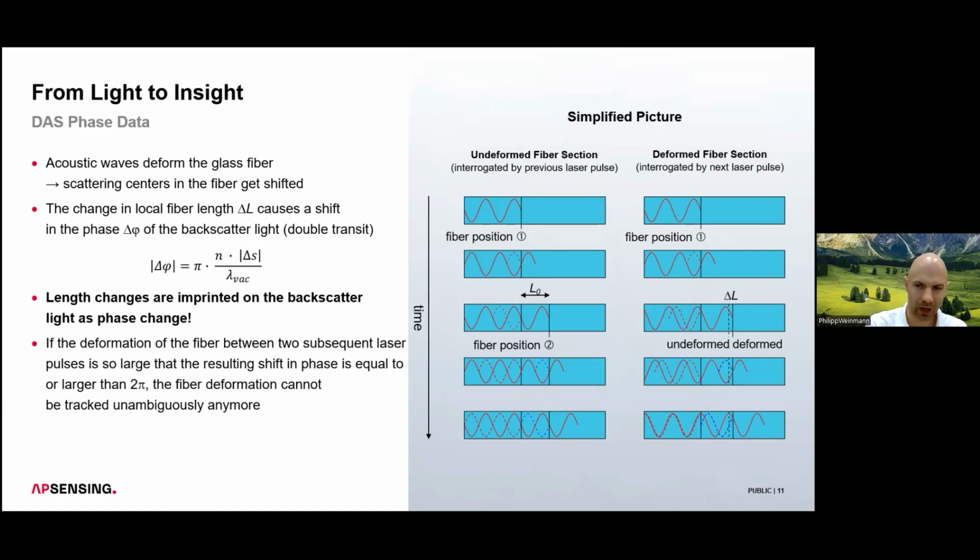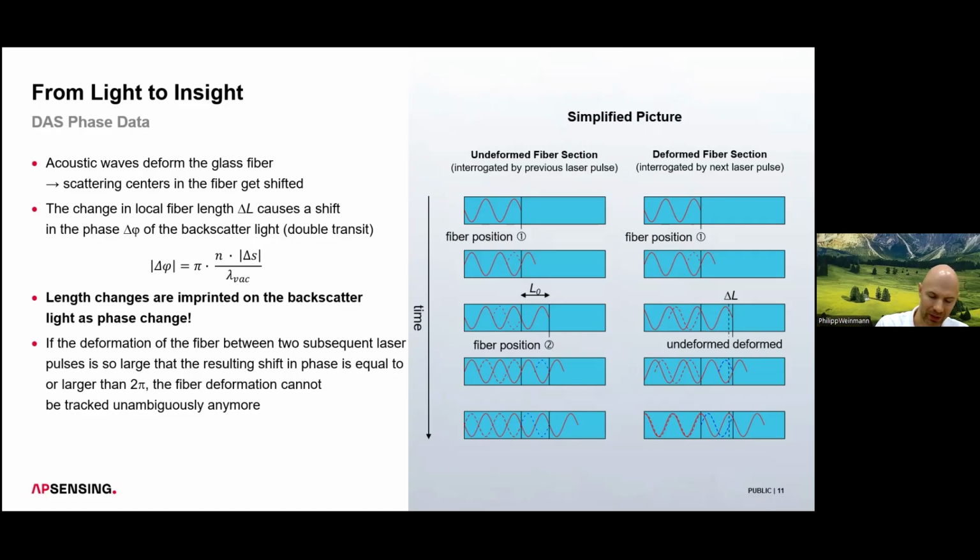So we start at the top again. The laser pulse is arriving from the left side. It arrives at fiber position 1. We get a backscatter signal due to the undisturbed scattering center at fiber position 1. This creates a backscatter signal to the left side.